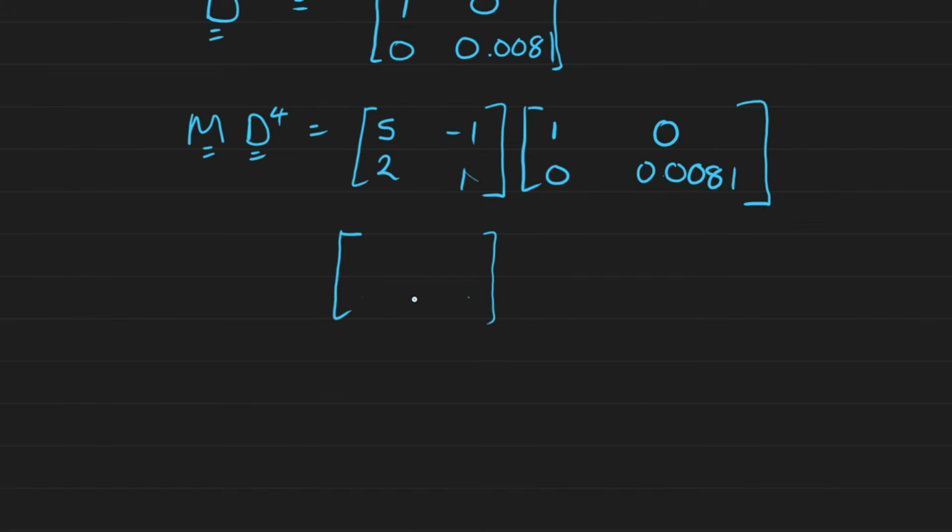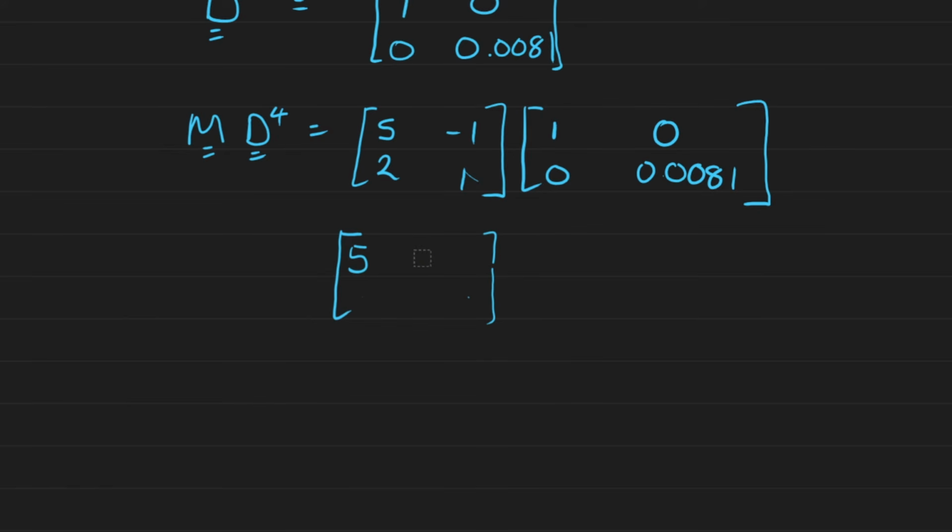So if we do that, we have 5 times 1, which is 5, plus minus 1 times 0, which is just going to be 5. And then row 1 times column 2, so 5 times 0 gives us 0, and then we have minus 1 times 0.081, which gives us minus 0.081.